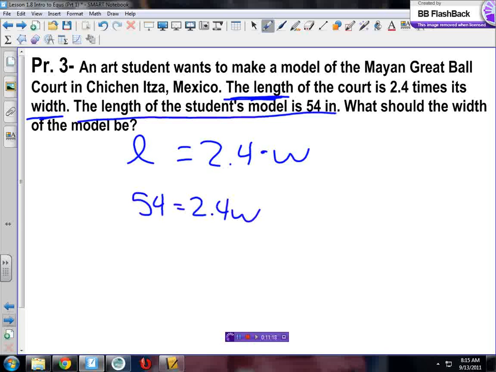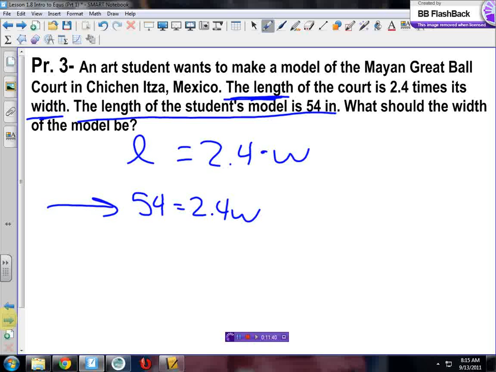And then it says, what should the width of the model be? On your homework, it's going to ask for this. It doesn't say solve, it just says set up. This is an open one, right? What about here? Was it open here? Yes, it was open here when it had two of them, right? So this is where the homework's going to ask you to stop, but I know that we can go further with this.